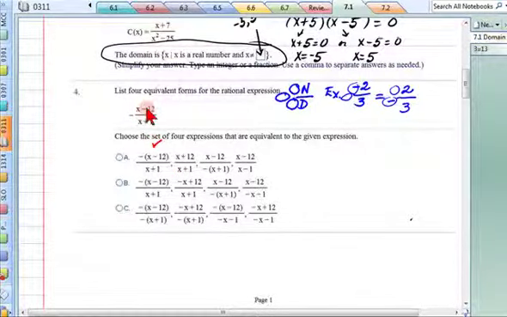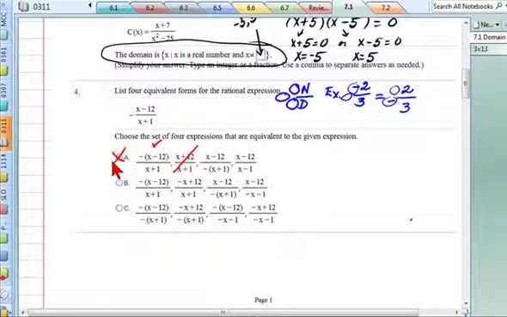No. X minus 12 and x plus 12 are not opposites. They changed a piece of it. They didn't change the entire numerator. So, they didn't change the bottom. They changed the sign in front. We need one more sign change. Did they change the entire numerator? No, they changed part of the numerator. This is not equal to that. So, what that tells me is choice A is not the right list.